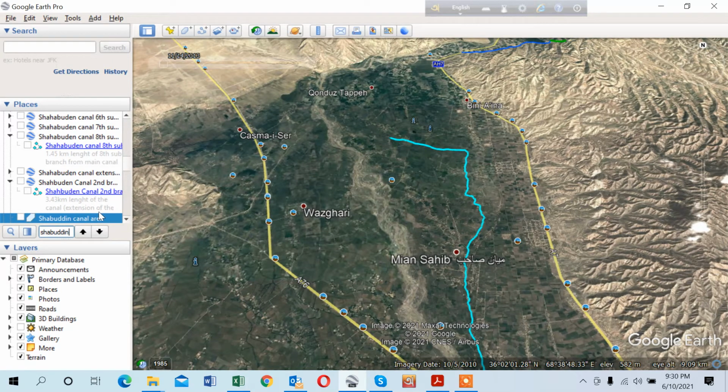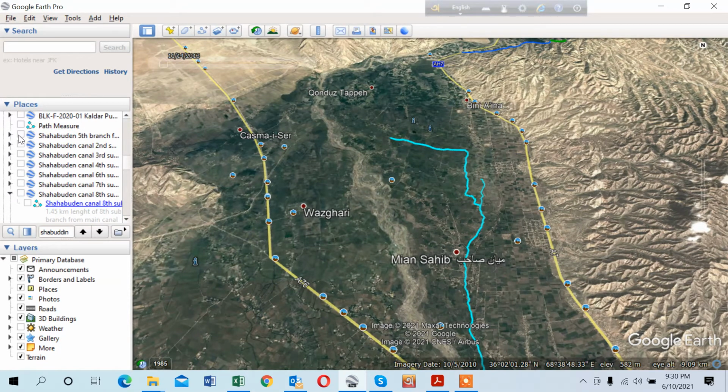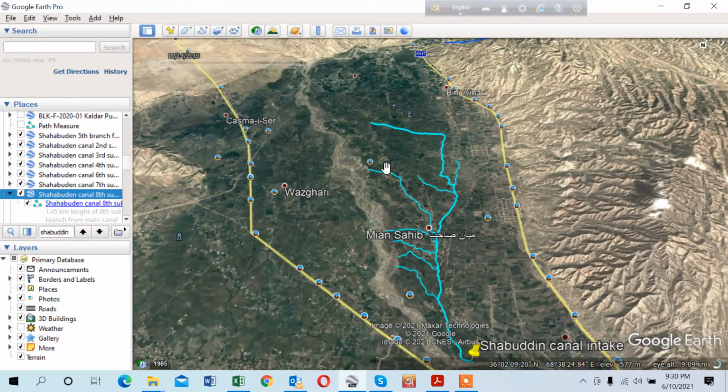So there are a number of branch channels. You can see separate branch channels. These are already drawn. So these are the branch channels that will irrigate the whole area.